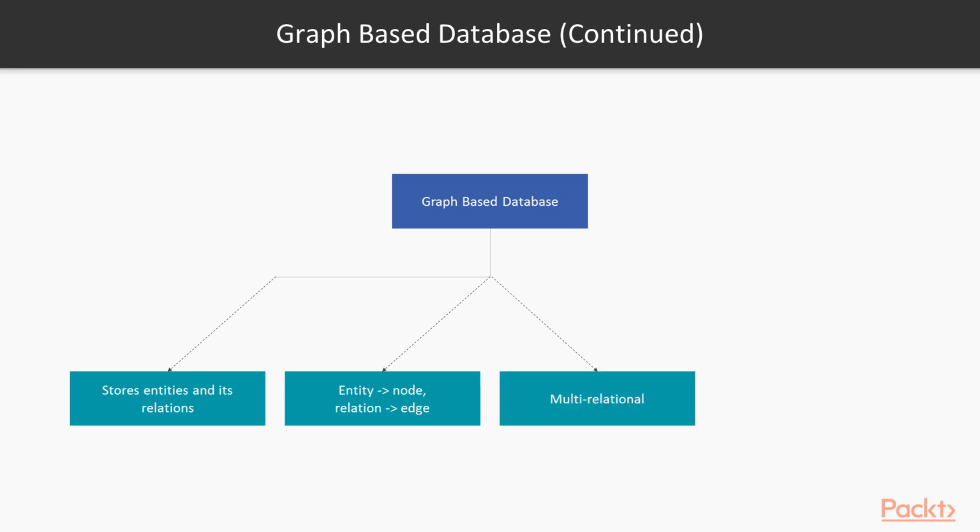A graph database is multi-relational in nature. Traversing relationships is faster as compared to a relational database, as they are already captured into the DB and there is no need to calculate them. This is mostly used for social networks, logistics, spatial data, and the like. Neo4j is a popular example.